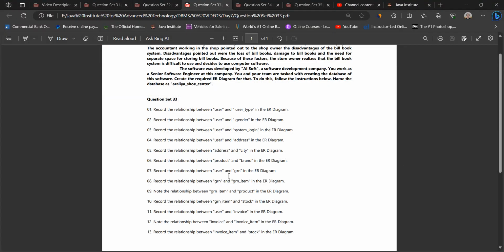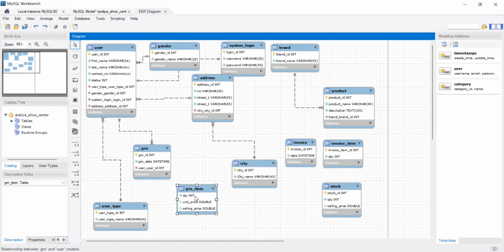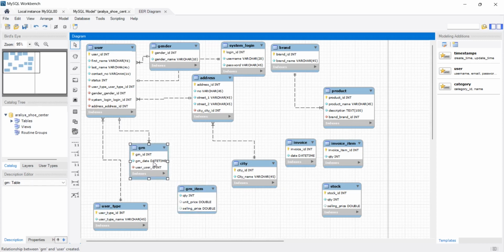To the next question, record the relationship between GRN and GRN item. GRN and GRN item. So if we consider one goods receive note, it contains many items, goods receive items.